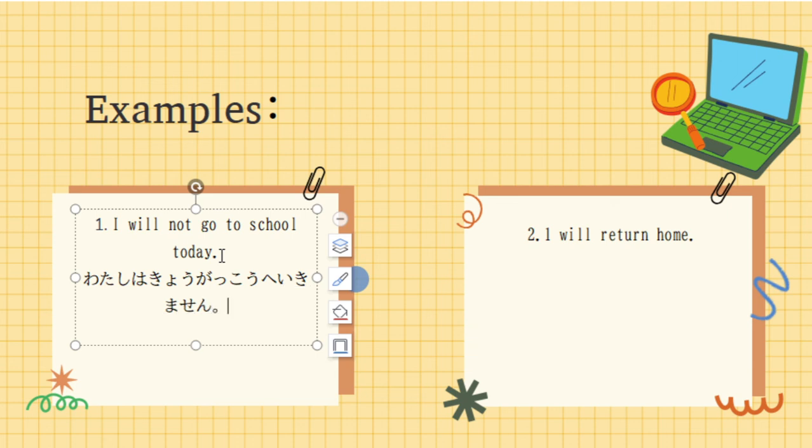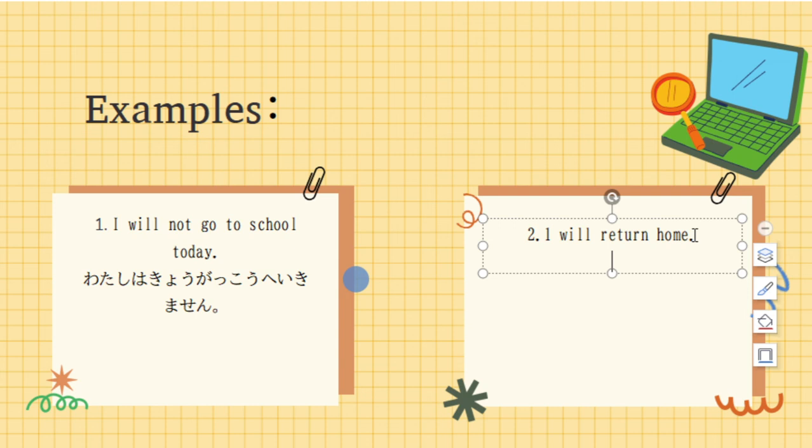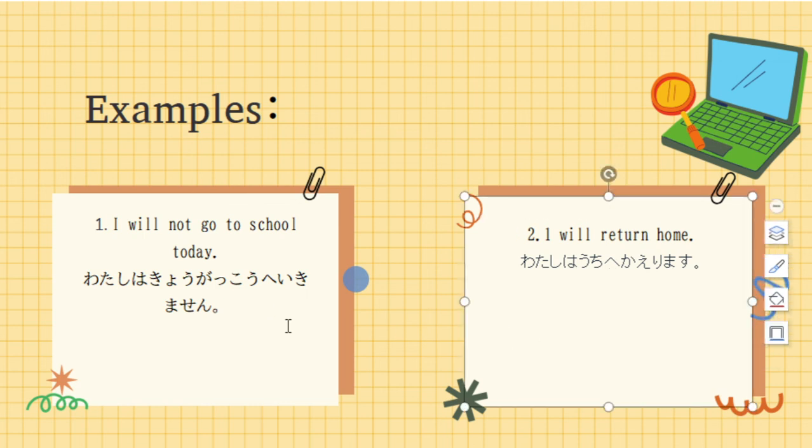So that is for our first example. For our second example, we have watashi wa, home is ochi, and the e, kairimasu. Okay, so that is very simple. We only replace the ni with the e if it is goal of movement. Other than that, you cannot replace the particle ni.